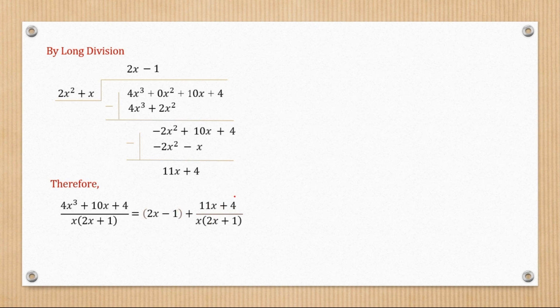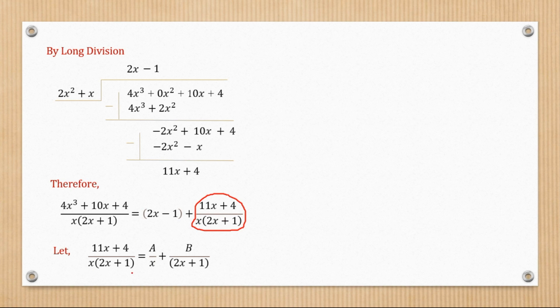After we've converted it into a mixed fraction, we can deal with this part right here and convert it into partial fractions. We are now dealing with linear partial fractions. So we're going to let 11x plus 4 over x into 2x plus 1 be equal to that.